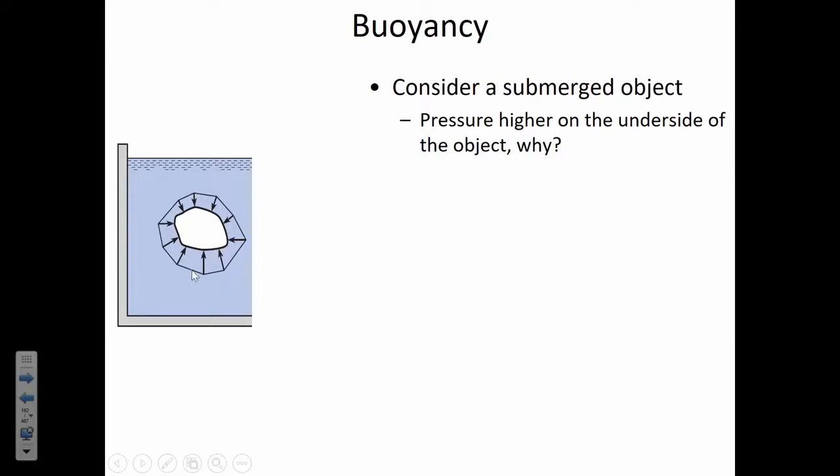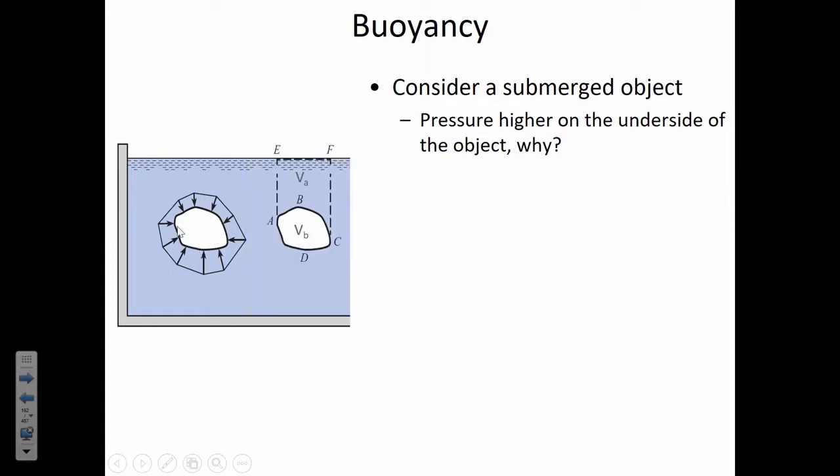But just think about the bottom side of this irregularly shaped object: the pressure magnitude is going to be larger than the magnitude of the pressure on the top, because it's submerged more deeply, it's deeper down in the water, so the pressure is greater. So the difference between the pressures acting from above and the pressures acting from beneath is such that it would cause it to float up to the surface, depending on the weight of the object.